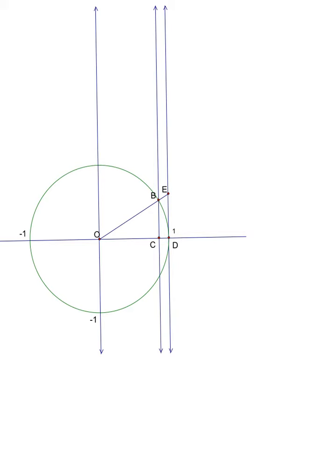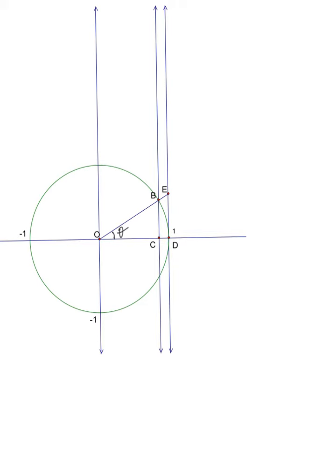From geometry, you remember the tangent line is a line that touches a circle in a single point. But so far we haven't seen anything about the tangent ratio which is touching, but we will see it in a moment. Let's consider an acute angle theta in standard position, and let's look at the triangle OCB.